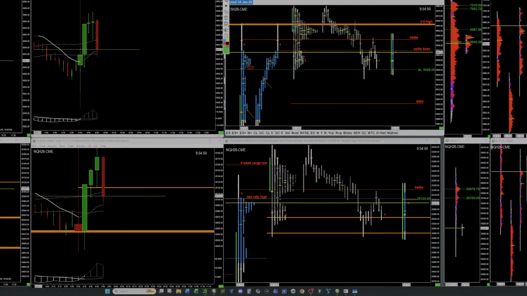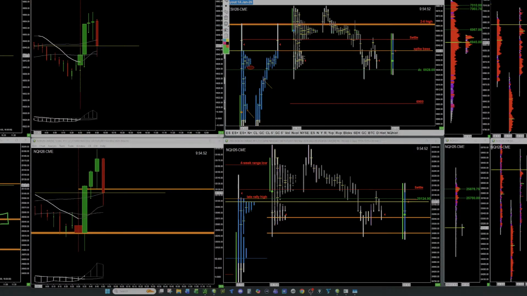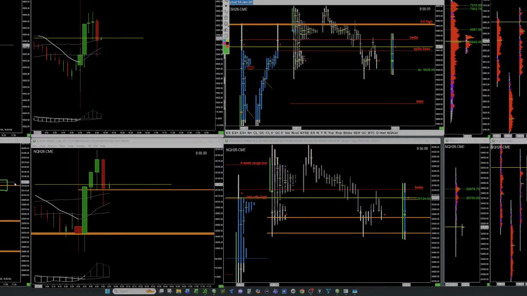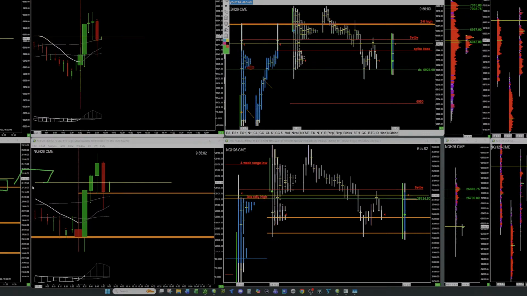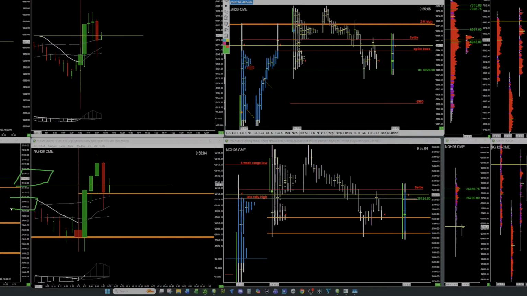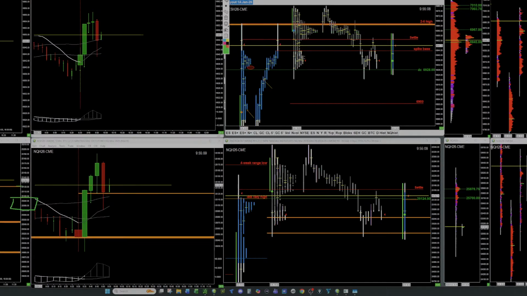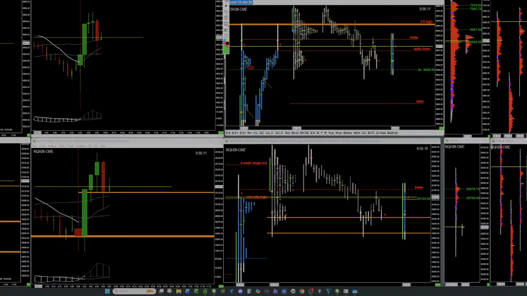I'm checking Nasdaq here. Look at the next thing, this one on the lower side, and this one. If this market establishes itself above or below this high volume node.